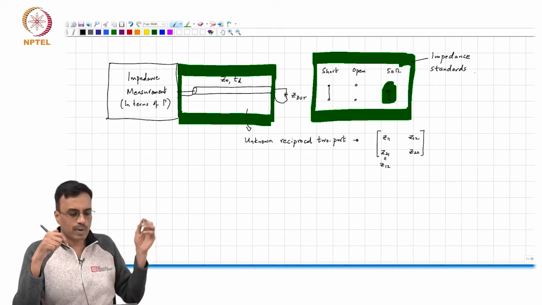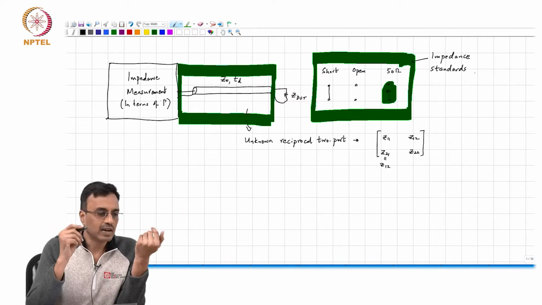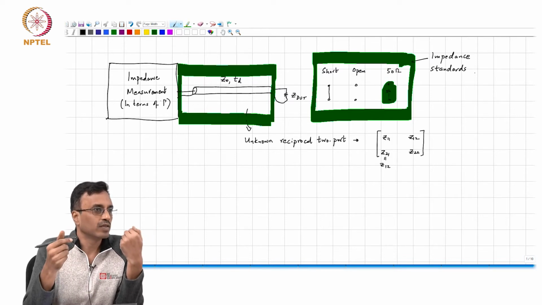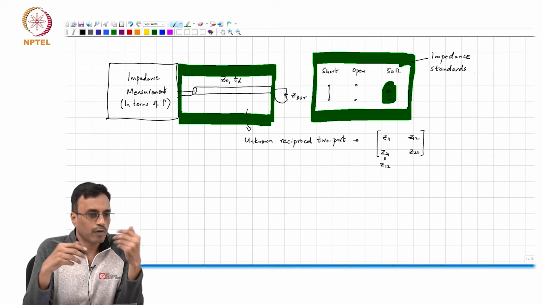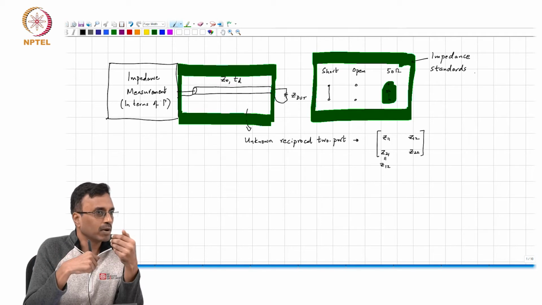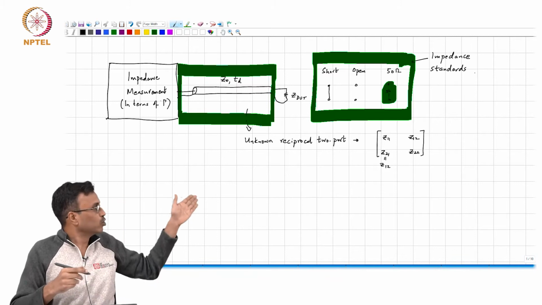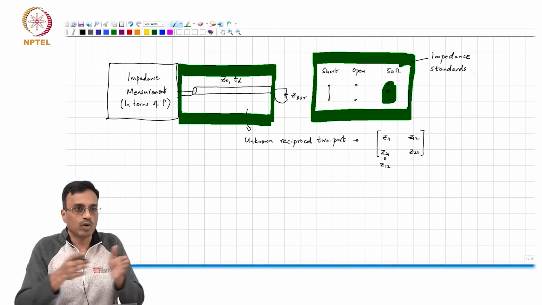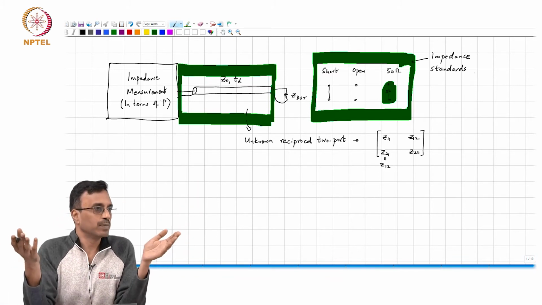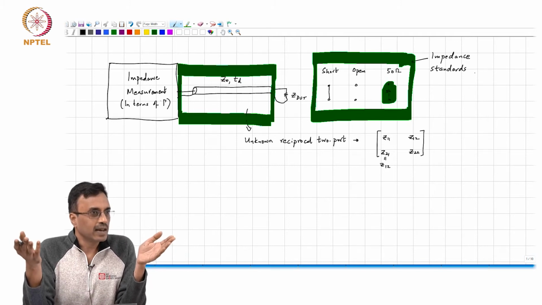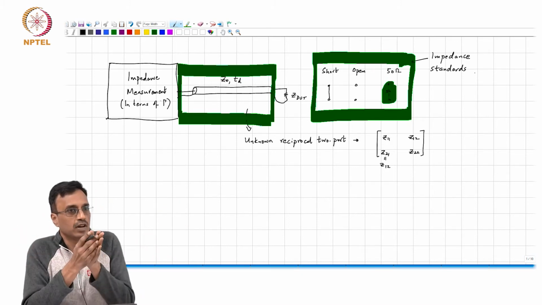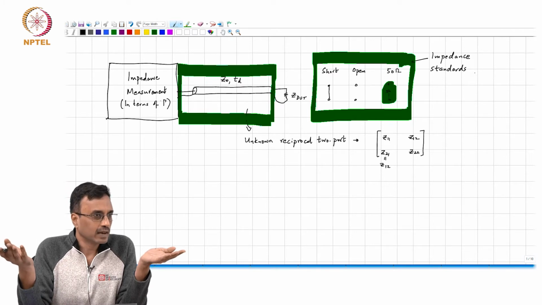So this impedance measurement box, as we discussed yesterday, has got some way of separating the forward going wave from the backward going wave, and is able to therefore measure a reflection coefficient as a function of frequency, right? And let's say you want to measure the impedance over a range of frequencies, which is what you typically want to do, right? Then you must measure the reflection coefficient over a range of frequencies, correct?